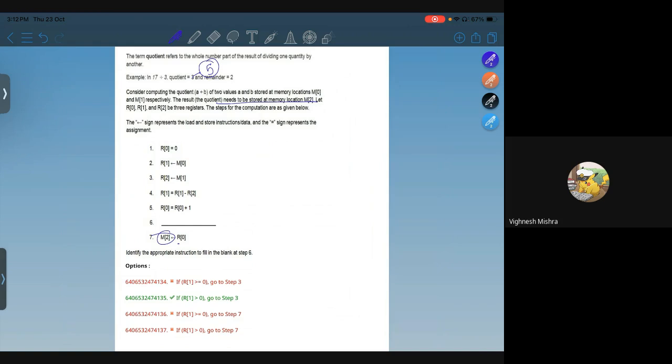So if there are two numbers, M0 and M1, this is your R1, this is your R2, and we have to divide R1 by R2. So from R1 it will subtract R2, which is like a normal for loop method.